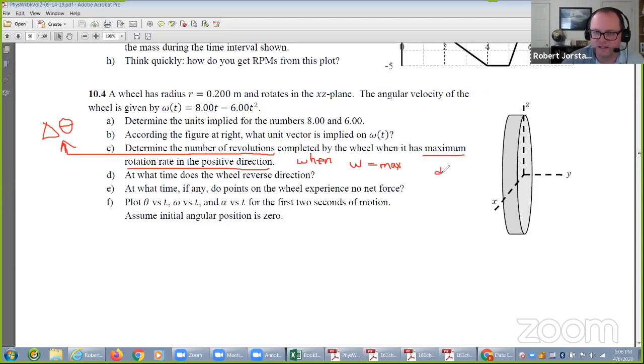I take d dt of omega, set it equal to 0, and then solve for t. And then we could use this, and then don't forget to do the second derivative test to make sure it's a positive.